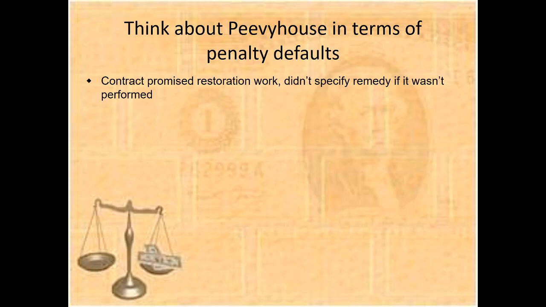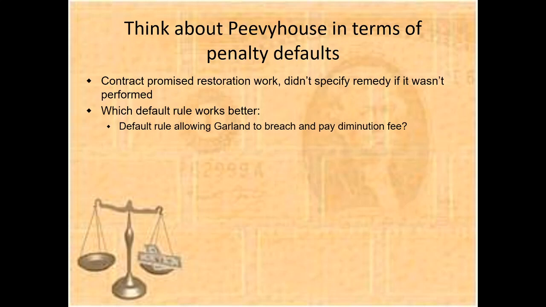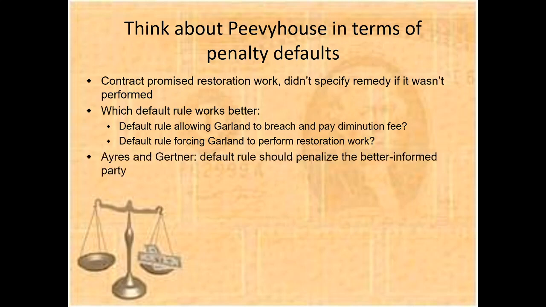That is, a contract promised restoration work but didn't specify a remedy if it wasn't performed. So which default rule works better? A default rule that allows Garland to breach and pay the diminution fee, or a default rule forcing Garland to perform the restoration work.